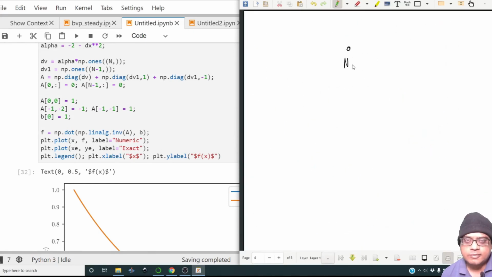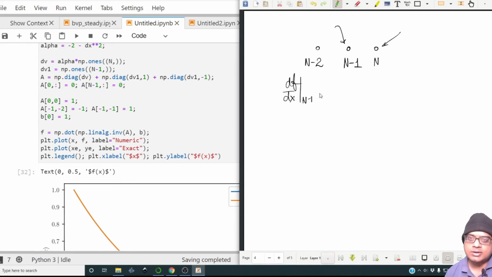So you have the n-1th node, you have the n-2th node. Now we have to imagine a ghost node, say the nth node. This is actually not a part of the domain, it's an extended ghost node that you have in order to do something with it. So the boundary condition was df/dx at the n-1th node is equal to 0.